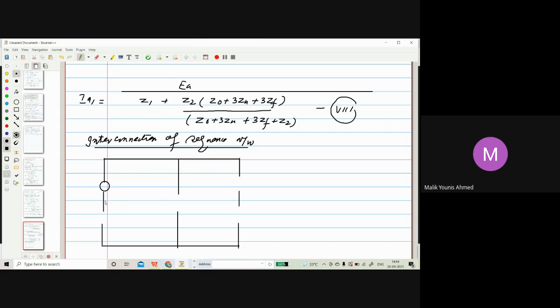This is impedance here. The diagram has to be drawn according to this relationship.